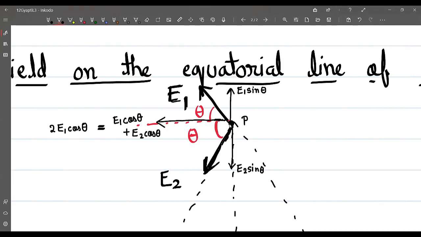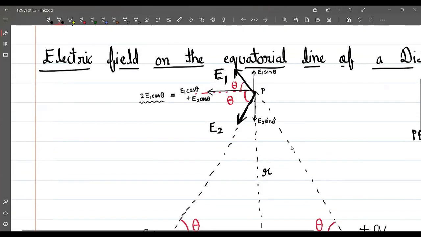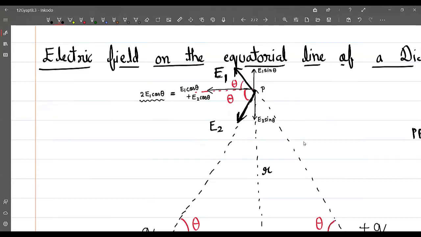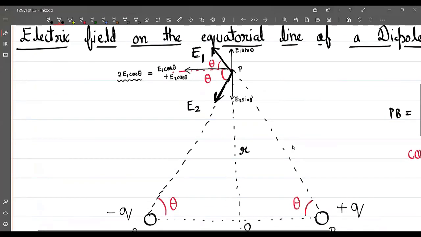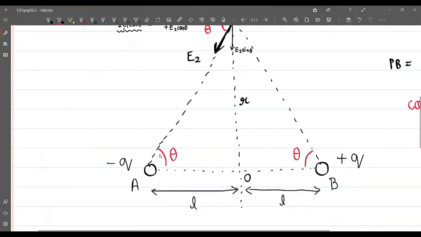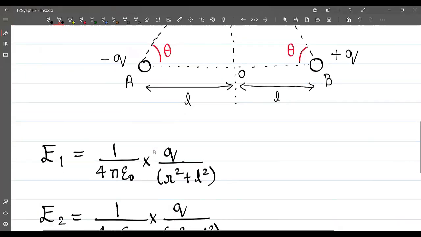So net electric field will be towards the left direction and the value is 2 E1 cos theta. Okay, any questions here? All right. Now, I will calculate the net electric field as 2 E1 cos theta, and that is towards the left, from right to left.